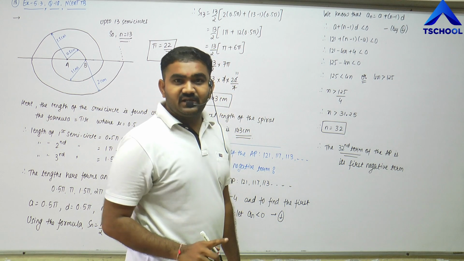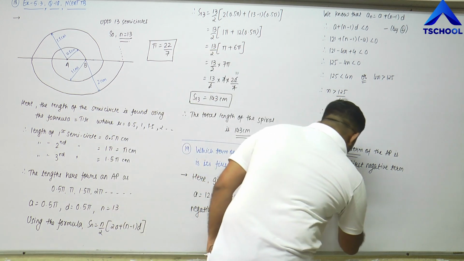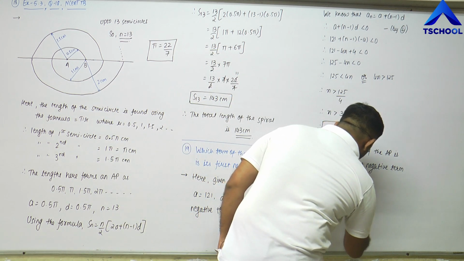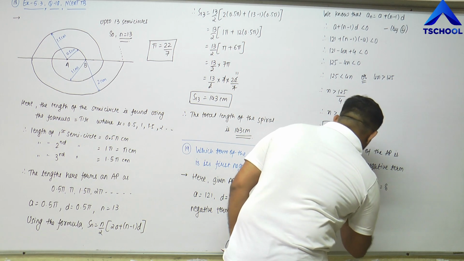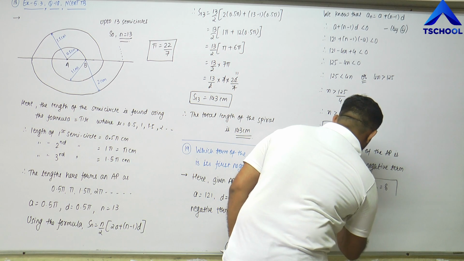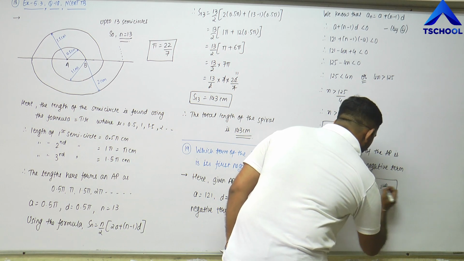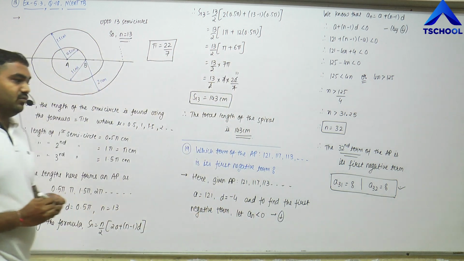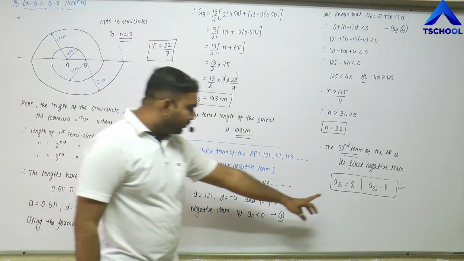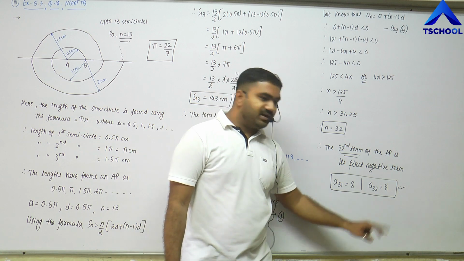Now for the reference, what you are going to do for me, find out A31 and A32. This will be your today's work. Find out both A31 and A32, and check whether you are getting a negative value here or here.